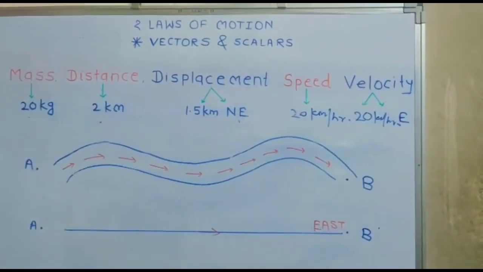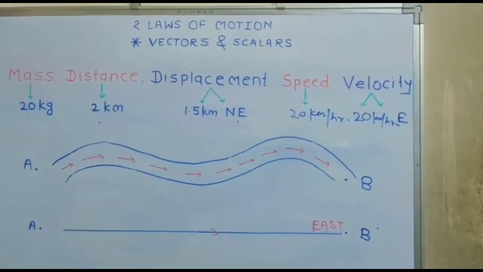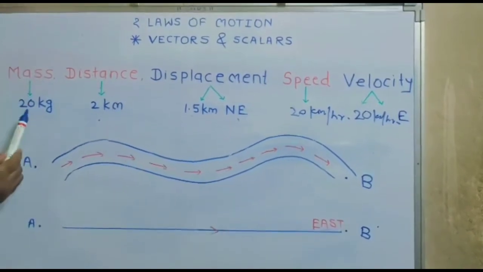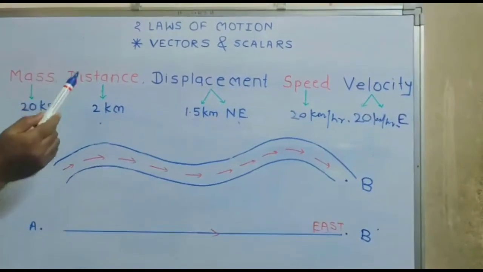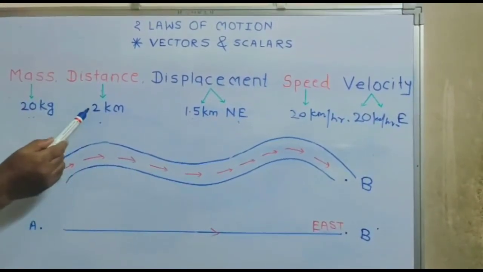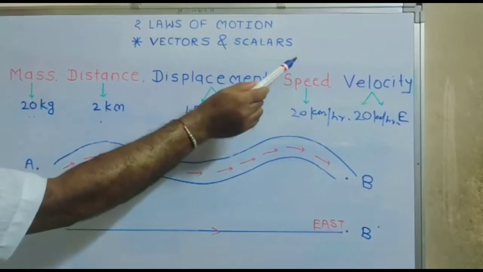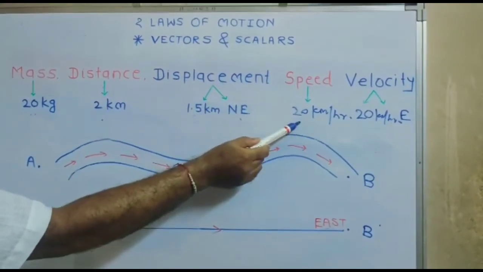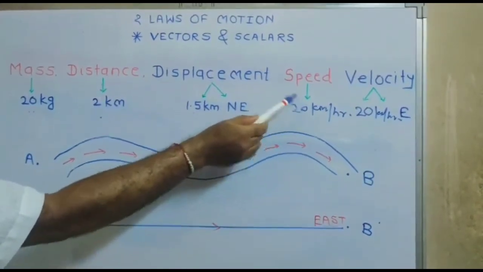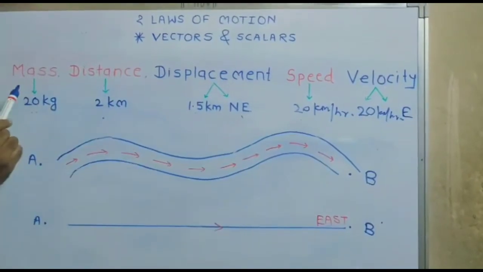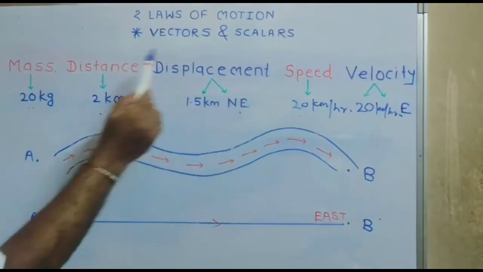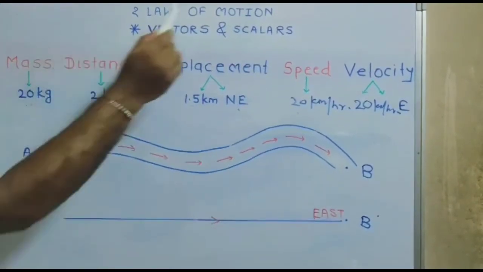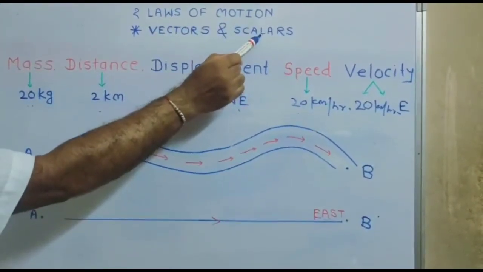Now look at all these 5 quantities. Mass is represented by magnitude only because it is a numerical value. Distance is represented by magnitude only. Speed is also represented by magnitude. Therefore, all these physical quantities which can be represented by magnitude only are known as scalar quantities.